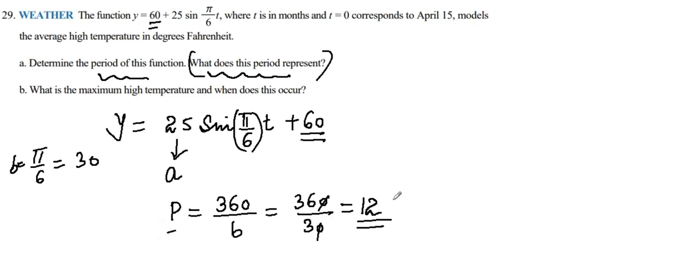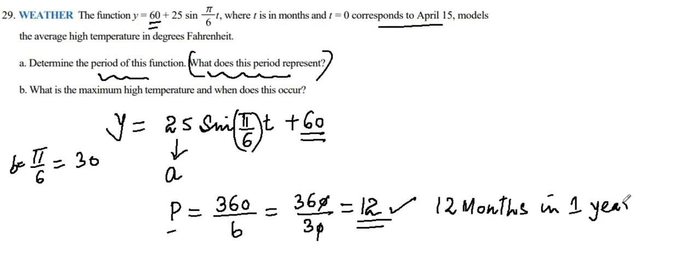That means there are 12 months, because as I read the equation here, they are saying 15 April, temperature is 0, corresponding to 15th April, modeled by the average high temperature in degrees Fahrenheit. So what is the meaning of 12? 12 means there are 12 months in the calendar, 12 months in 1 year.